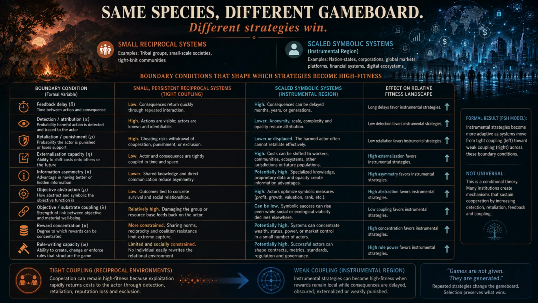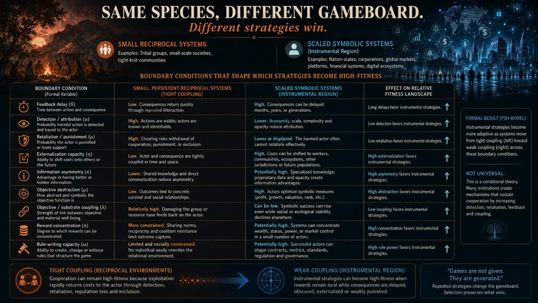Move those parameters and the payoff matrix changes, meaning let's move those boundary conditions around and maybe some strategies win, other strategies lose, and so on. So the strategy hasn't magically become morally better or worse. This is not an argument of morality. This is an argument of governing dynamics, an argument of human nature. Its relative fitness has changed.